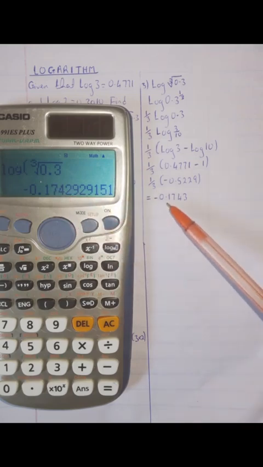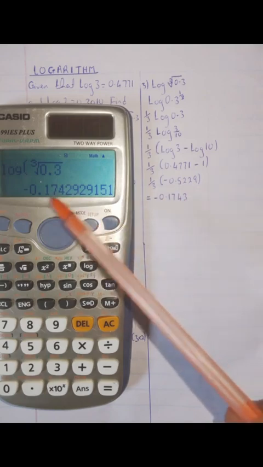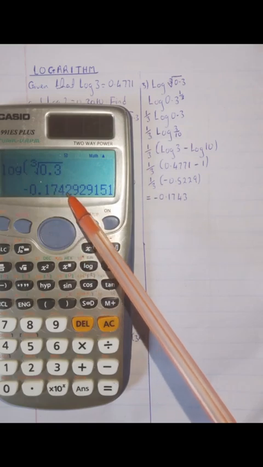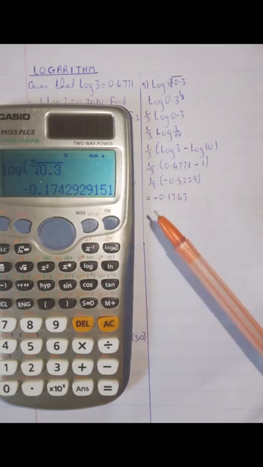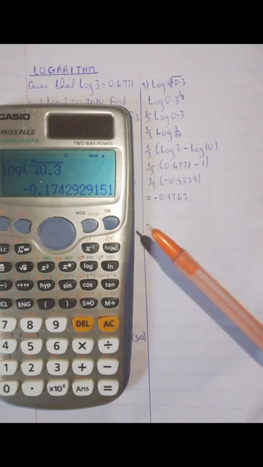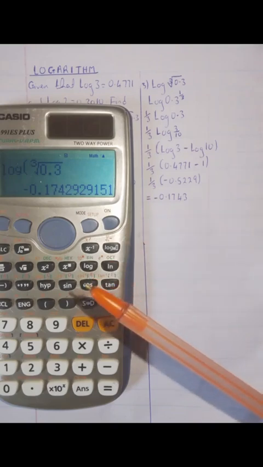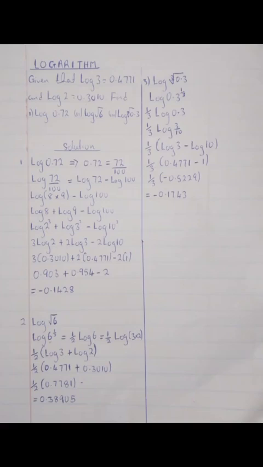So just approximate negative 0.1743. So this is correct. You can see that all our values are correct, meaning that the steps you follow, everything we solved, is accurate. So if you can follow these steps, you'll be able to solve questions under logarithm.